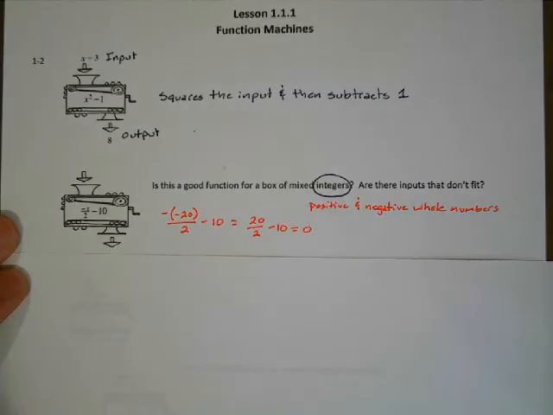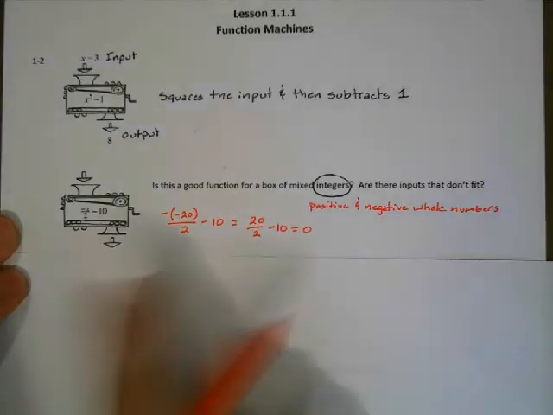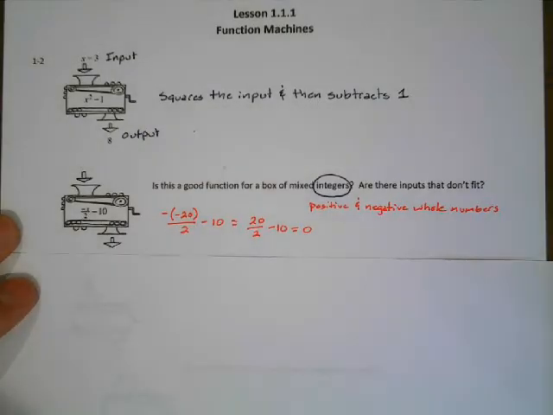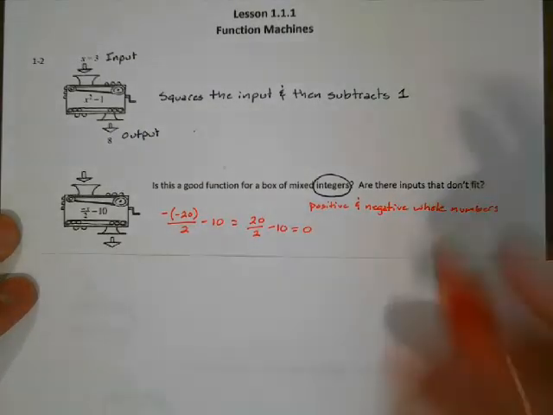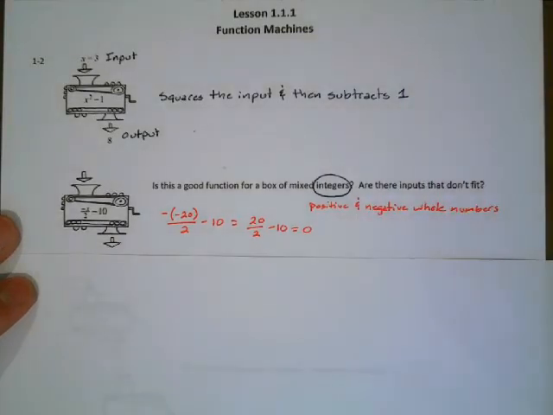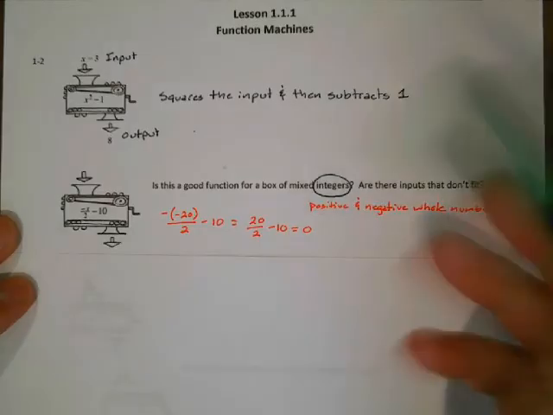So what other numbers would also give us a positive answer instead? Any number smaller than negative 20, so negative 22, negative 23, negative 24. So this is not a good fit. Are there inputs that don't fit? Yes, there are.